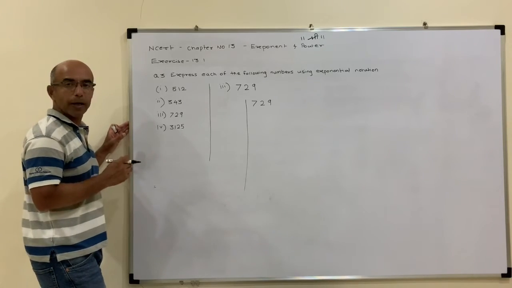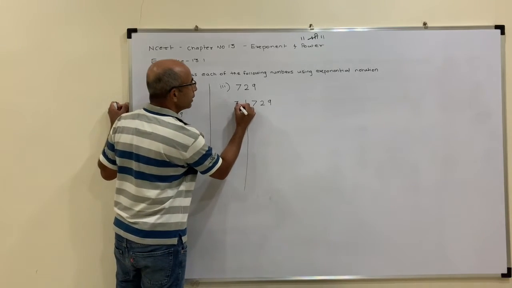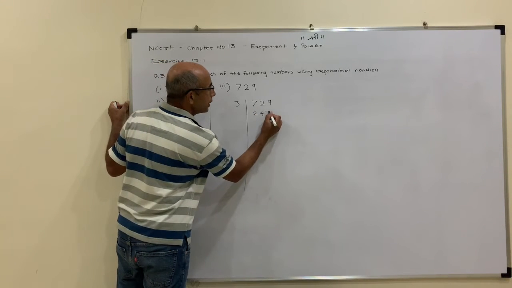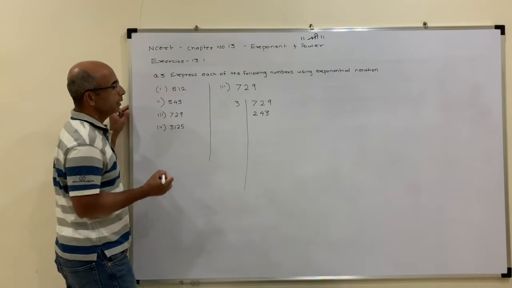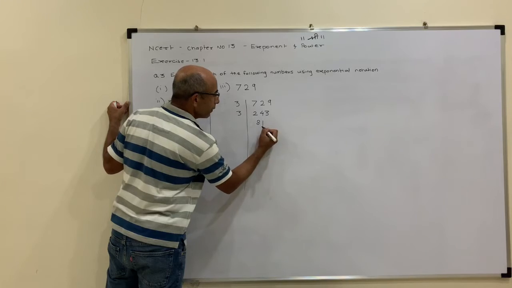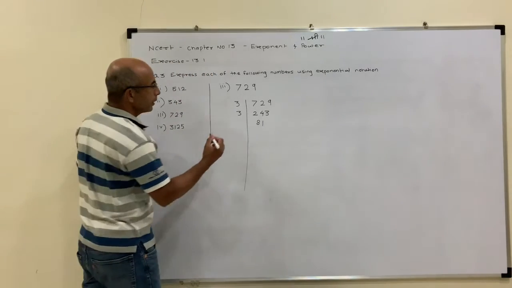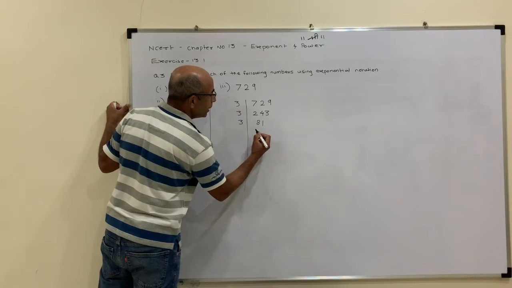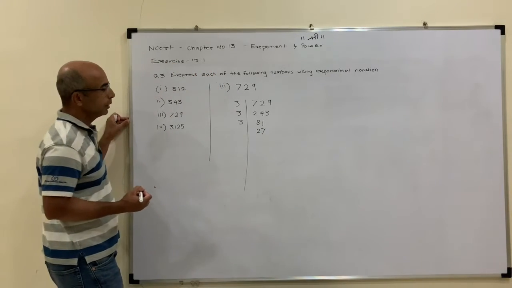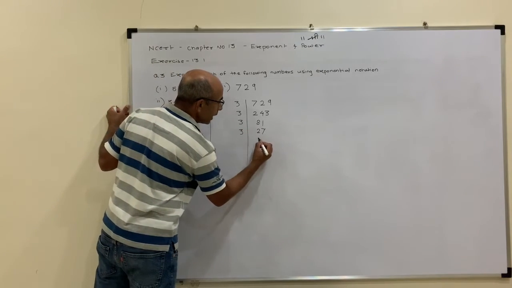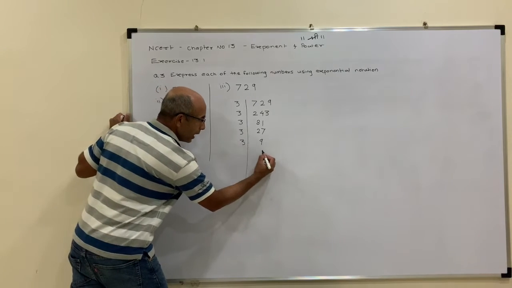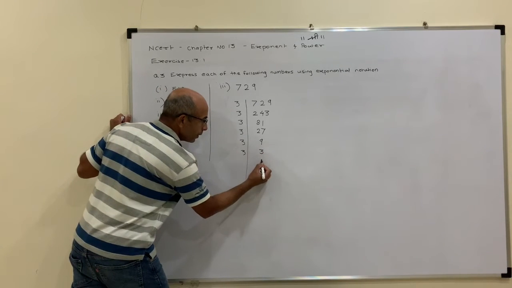Let's start with 3. 3 2s are 6, 3 4s are 12, 3 3s are 9. Then the next, 3 8s are 24, 3 1s are 3. Then again 3 2s are 6, 3 7s are 21. Then again 3 9s are 27. Then 3 3s are 9 and 3 1s.